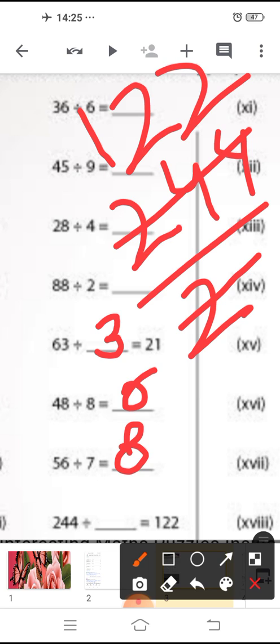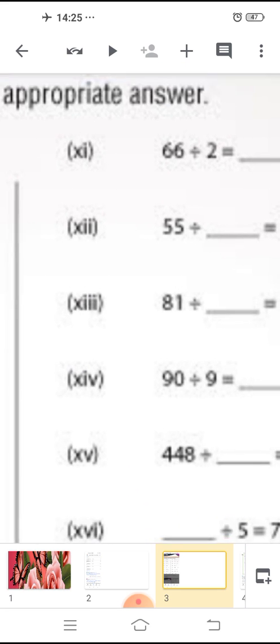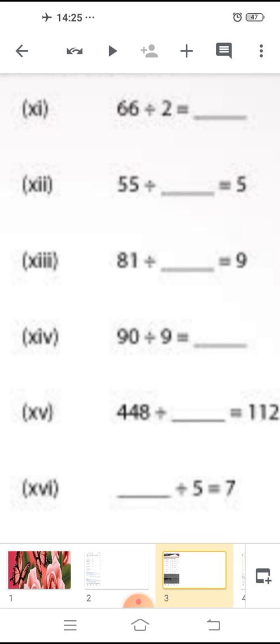So 244 divided by 2 will give you 122. Okay. Now come to next. 66 divided by 2, that will give you 33. Very good.